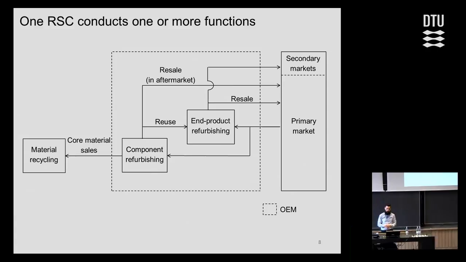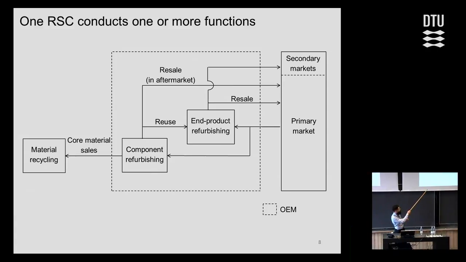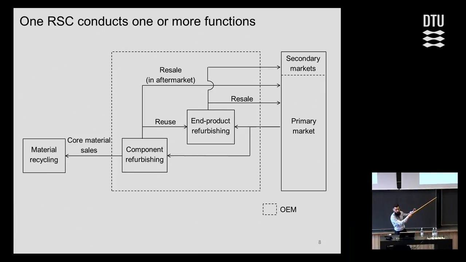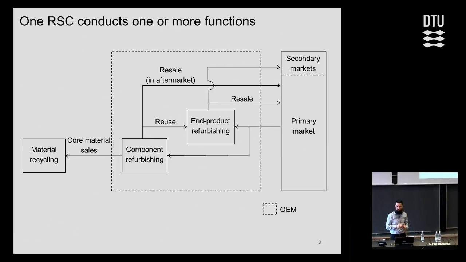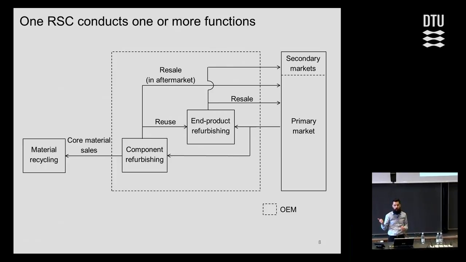Some products can be refurbished and then resold back to the primary market, for example as a product that is priced lower than the firm's new virgin products, and that makes the firm able to address a segment of the market that the firm may currently not address. It's also possible to resell these refurbished products at a lower price to secondary markets in different geographies.